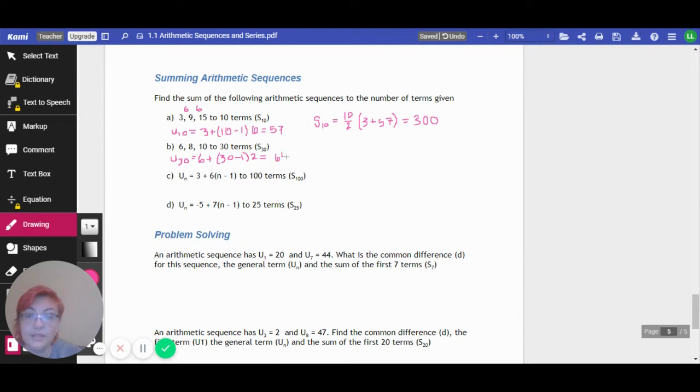And that means S of 30 equals n, which is 30, divided by 2 multiplied by the first term plus the 30th term.